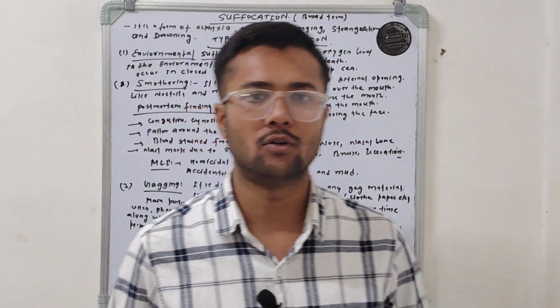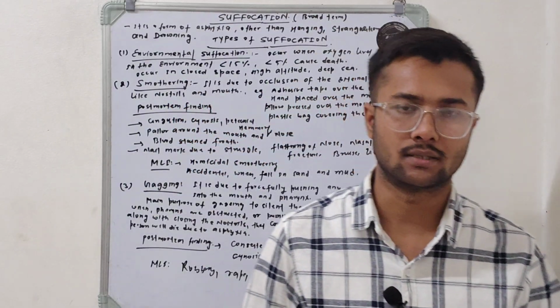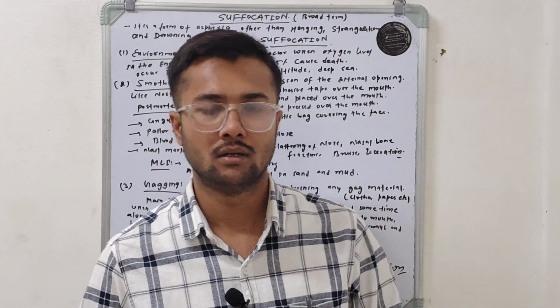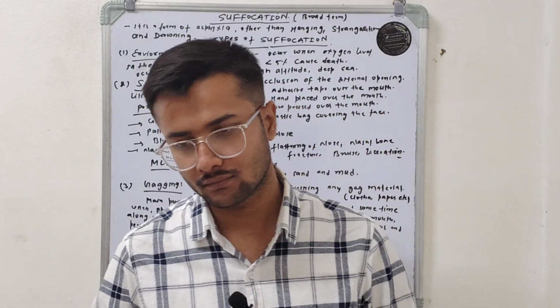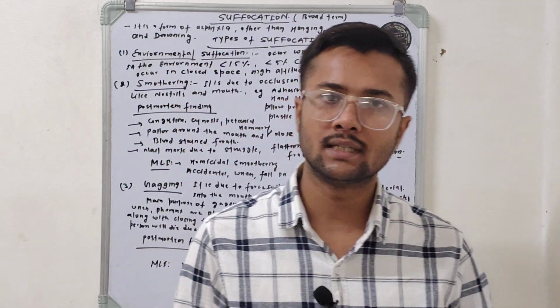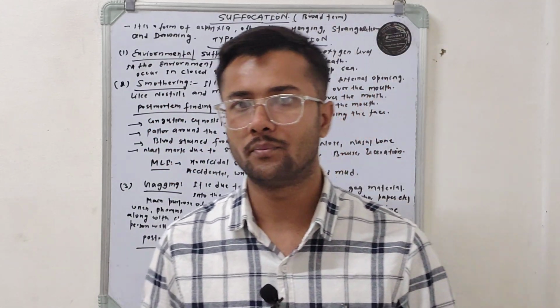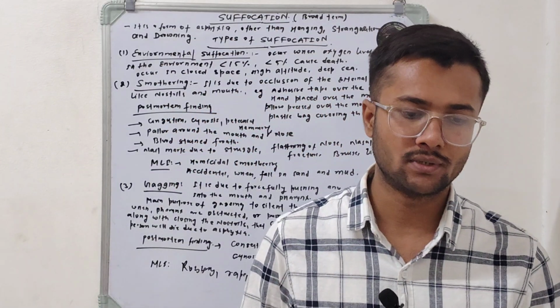So this is all about environmental suffocation. The next type is smothering. So what is smothering? Smothering is basically the blockage of external openings like the nose or mouth.